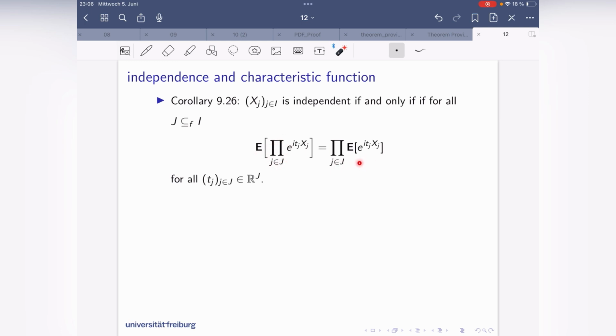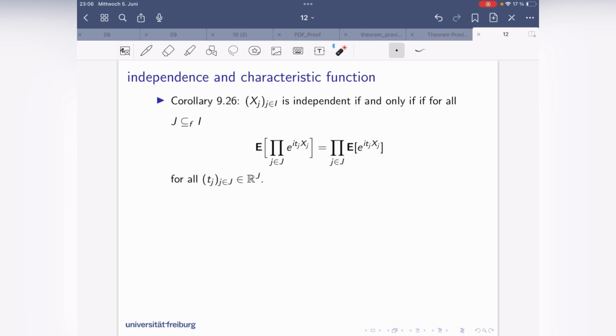So the characteristic function of the joint distribution is the product of the characteristic functions. Well, that's also clear right now, because if you have this here, you have that the joint distribution coincides with the product measure, which has this characteristic function here. And since the characteristic function determines the measure uniquely, you are done.